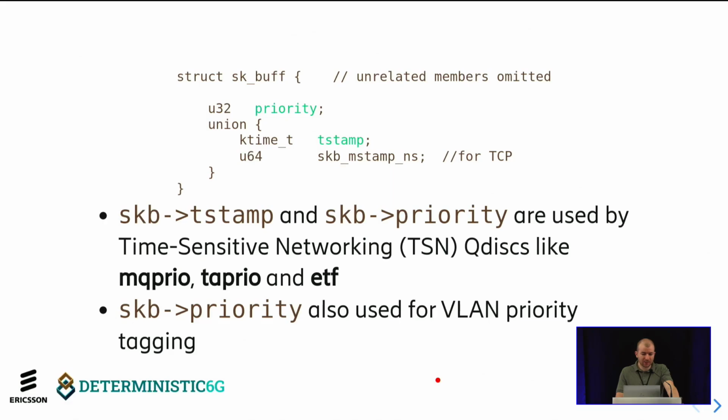Because these are the fields used by time-sensitive queuing disciplines like MQPrio, time-aware priority, ETF, and also for VLAN priority tagging, the SKB priority is used as a primary source to set the priority tag. So these are important fields for us.